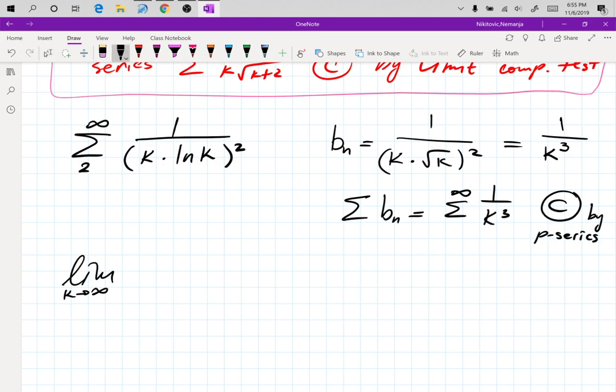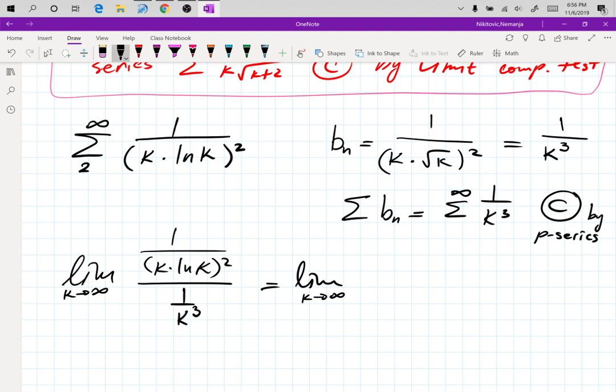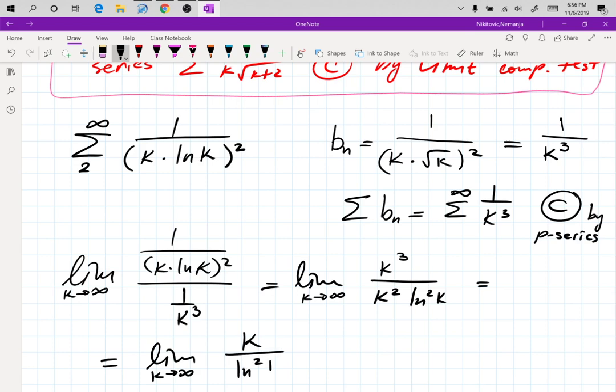Limit as k goes to infinity of 1 over k times ln k all squared divided by 1 over k cubed, which is the limit of k cubed divided by k squared ln squared k. This works out to be, when these guys cancel, k divided by ln squared k.